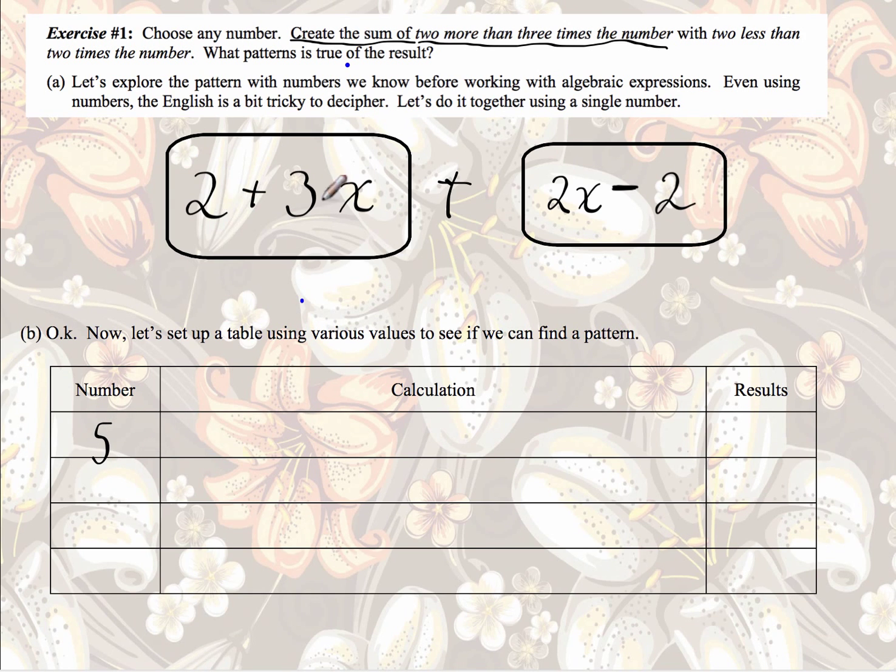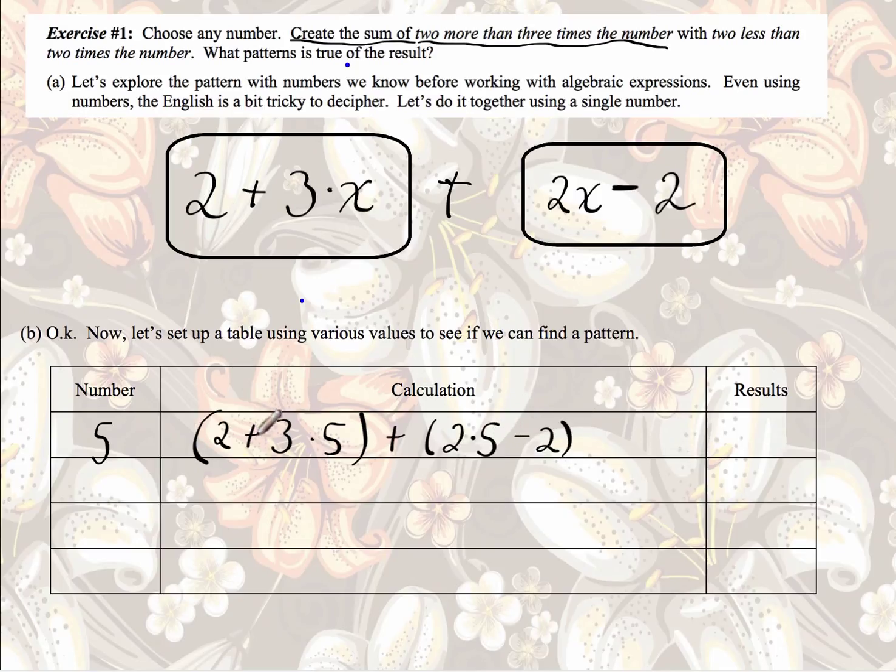And now let's do what they told us to do. Create the sum of 2 more than 3 times the number and 2 times the number, and then take away 2.